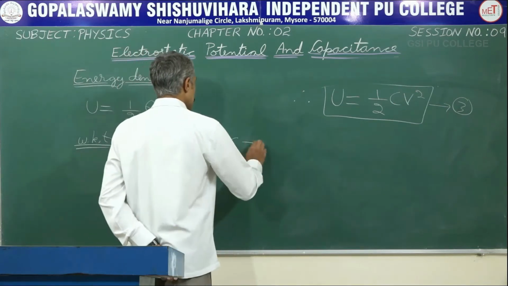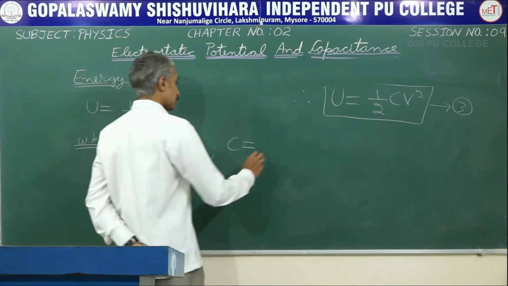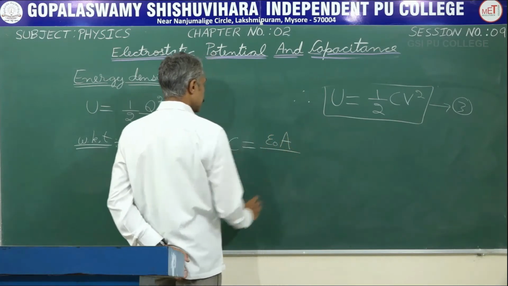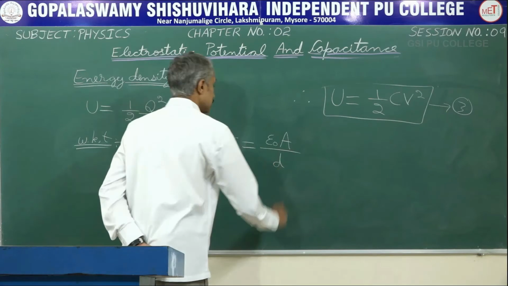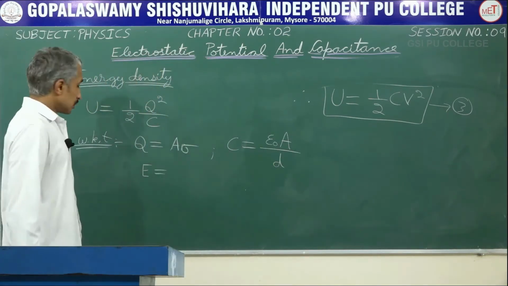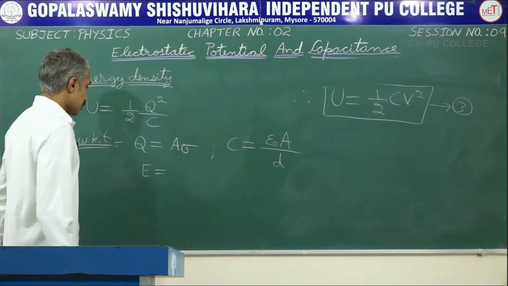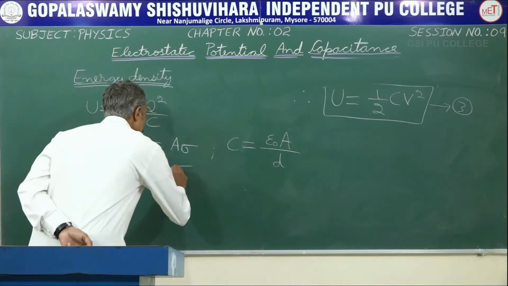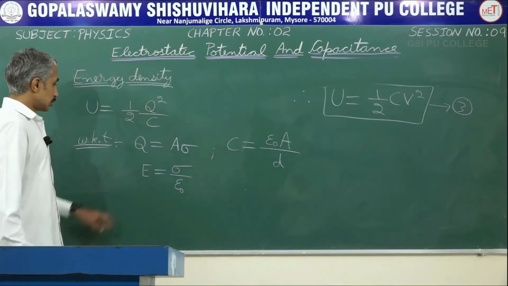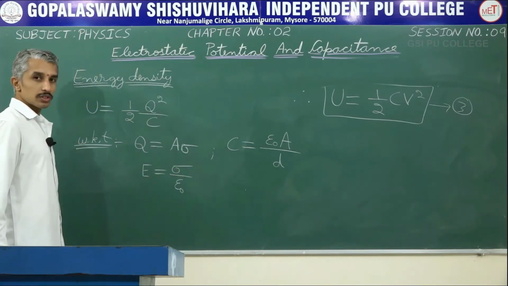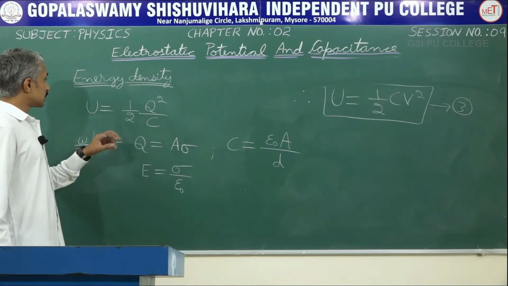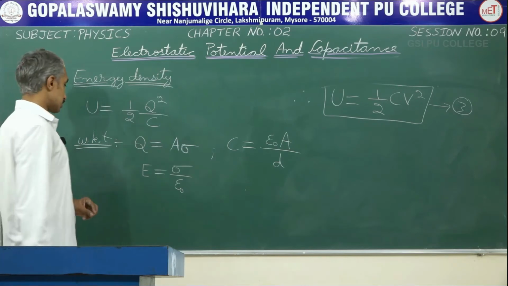and capacitance can be written as epsilon naught into area of each plate divided by distance between the plates. Also, the electric field inside the capacitor is given by sigma by epsilon naught. Making use of these three known things, we will derive what is the energy density in a capacitor.